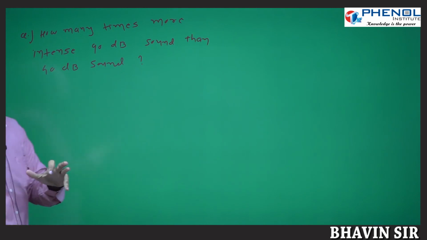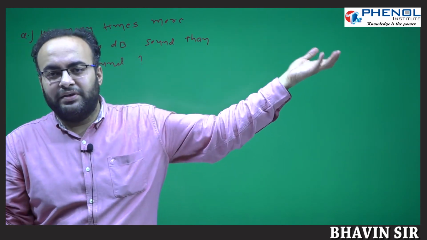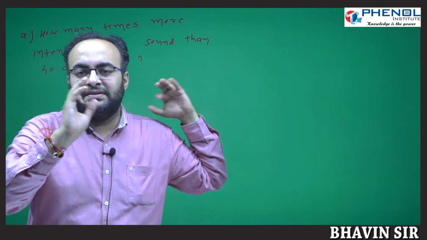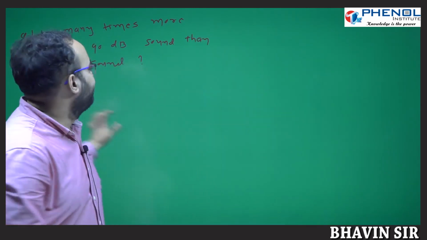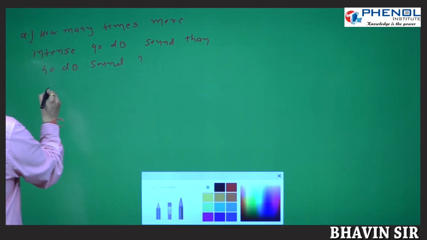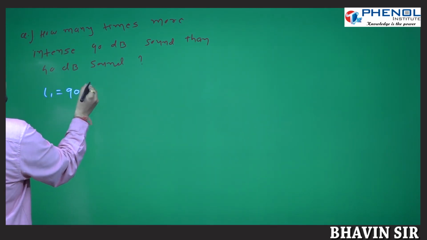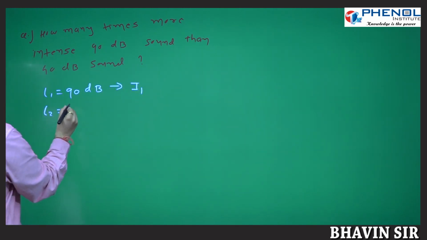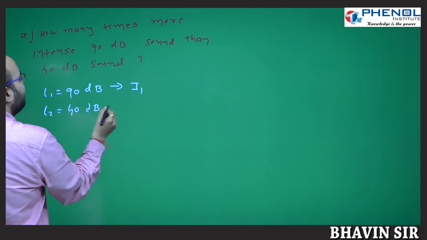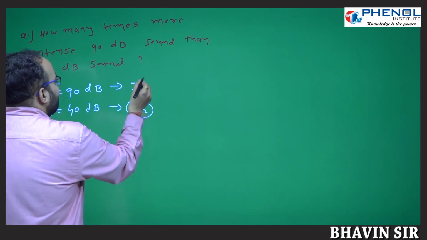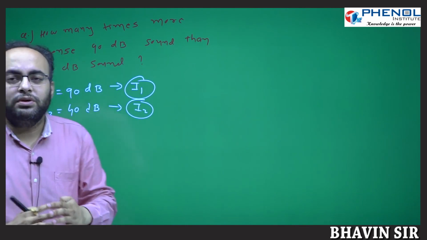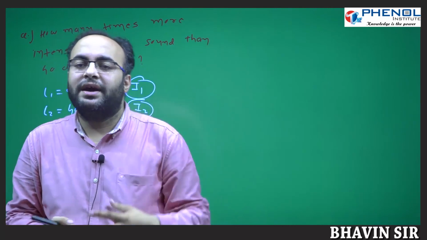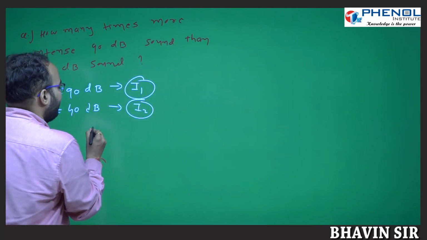Means for the 90 decibel sound, when loudness is 90 decibel, suppose the intensity is I1. Now when loudness is 40 decibel, suppose the intensity is I2. Now we want to find how many times I1 is more than I2. Okay, so we find the ratio here.